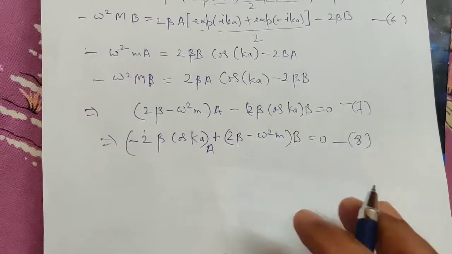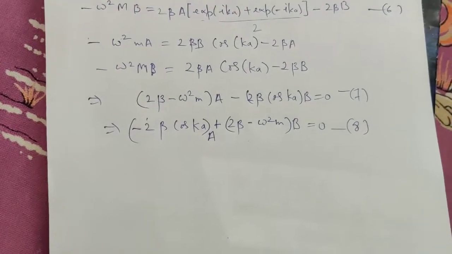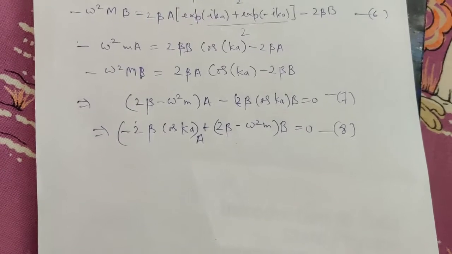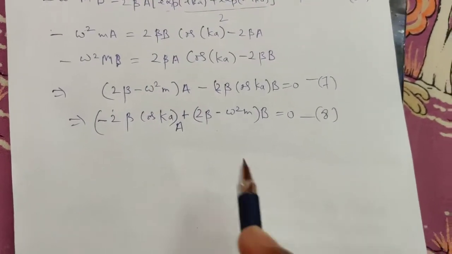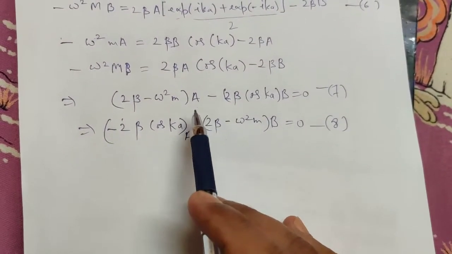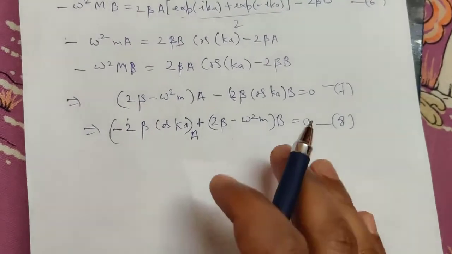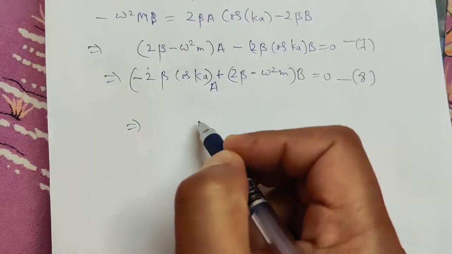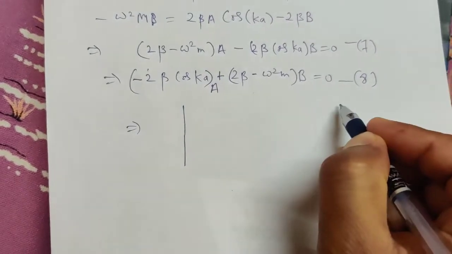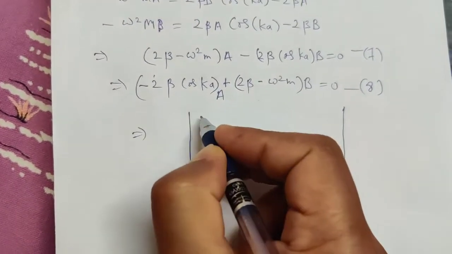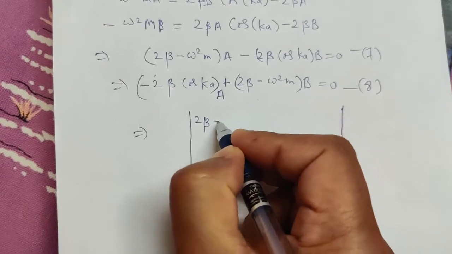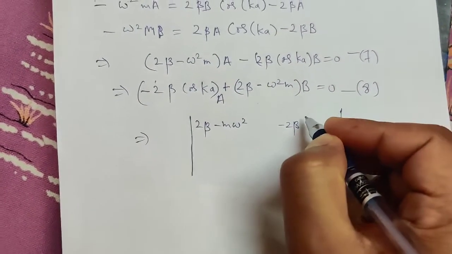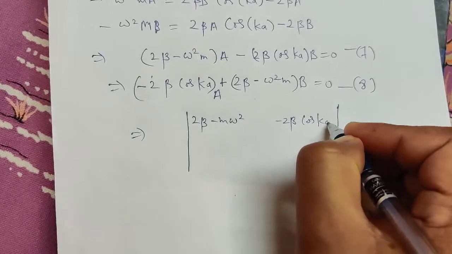So now these equations 7 and 8 have a non-trivial solution if the determinant of the coefficients of a and b is 0. So now you can write this in terms of a determinant: 2 beta minus omega square m, minus 2 beta cos ka.